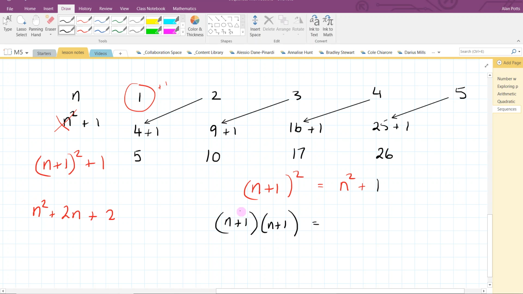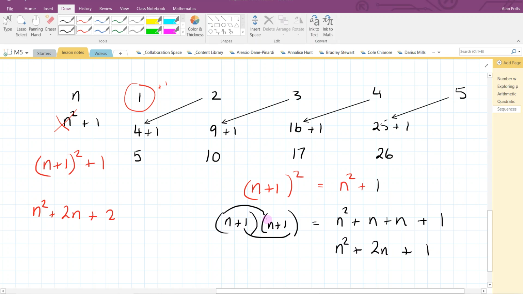So we do the FOIL method, which is n squared, that's that bit, plus n, plus another n, plus the 1 times 1 gives you the 1. So it becomes n squared plus 2n plus 1. Is everyone happy with what I did there?